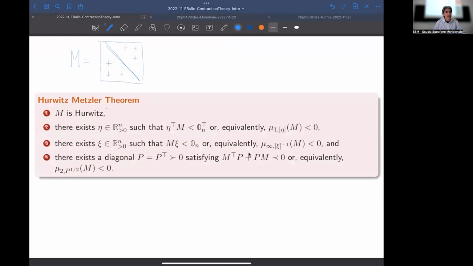So I'm writing plus, but I mean to say greater than or equal to 0. And these matrices have a Perron-Frobenius theorem associated with them. You should remember that the Perron-Frobenius theorem states the existence of an eigenvalue eigenvector pair.